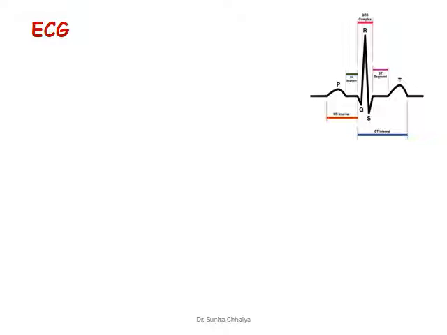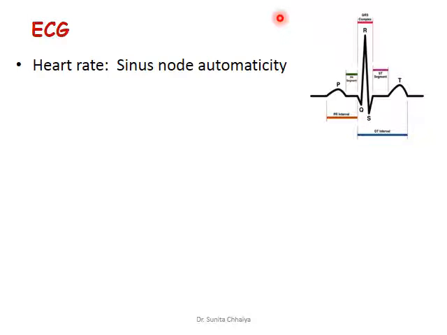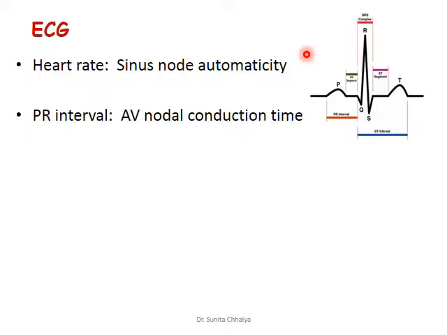From the electrocardiogram, you can find out the various terminology. Heart rate basically represents the sinus node automaticity. The PR interval, from the start of the P wave to the start of the QRS complex, represents the total AV nodal conduction time.